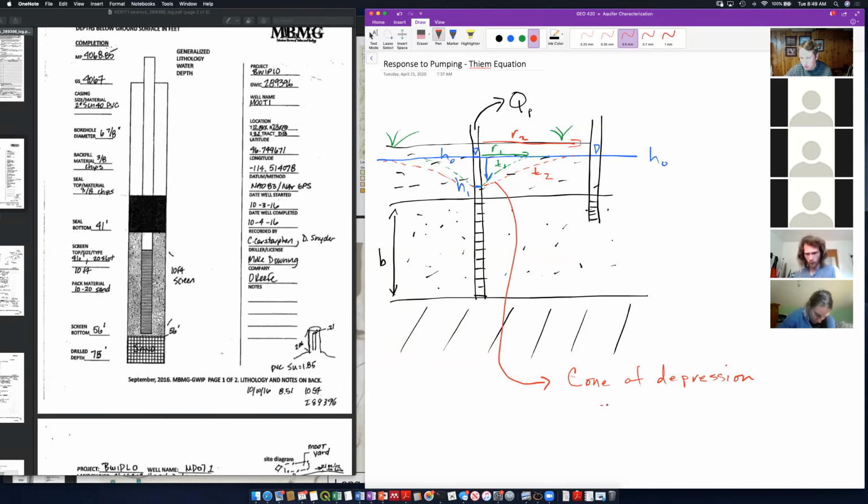So the cone of depression will expand with time until the recharge I'm adding to my system is equal to the amount I'm pumping.